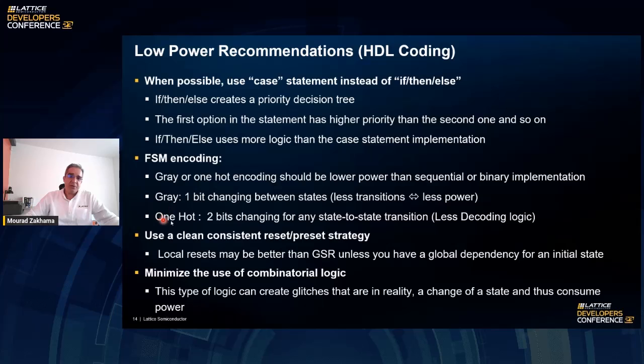In one-hot, you have only 2 bits changing between states, so less decoding logic also. In one case you may have a little bit more decoding logic, but less transition. In the other, you have more bits, but only 2 bits changing between each state. So by using one of these encodings, you have an opportunity to improve power also.